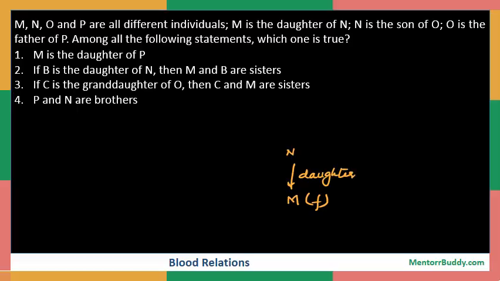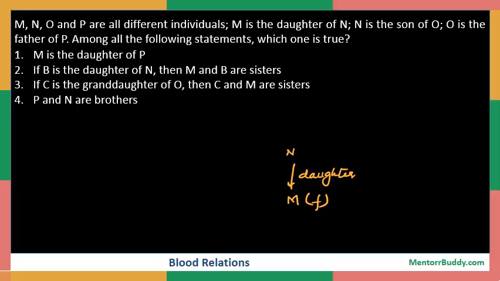Now as you can see, I have drawn a vertical arrow because M and N are two different generations. Also, I haven't put any gender so far for N because I do not know whether N is a male or a female. Yes, I know the gender of M and hence I have put F, which stands for female.